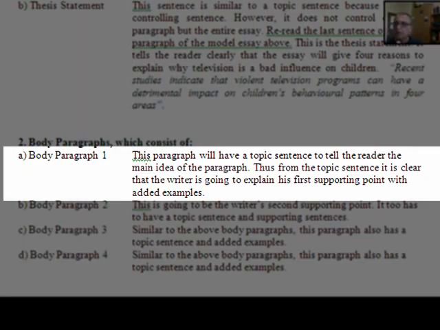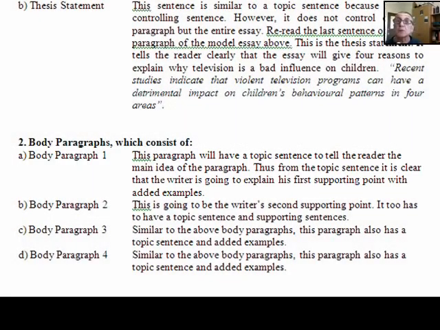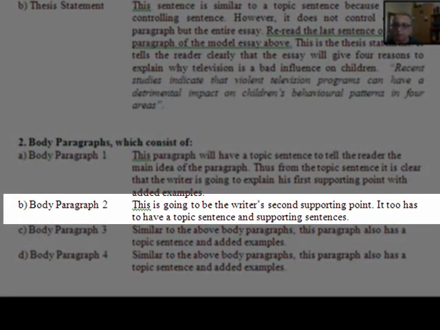This paragraph will have a topic sentence to tell the reader the main or the controlling idea of the paragraph. Thus, from the topic sentence, it's clear that the writer is going to explain their first supporting point with added examples and so on.